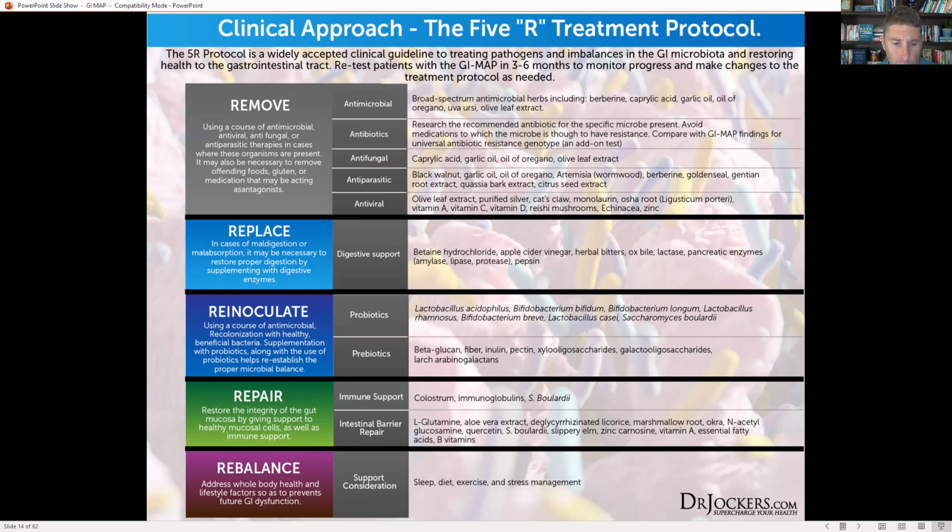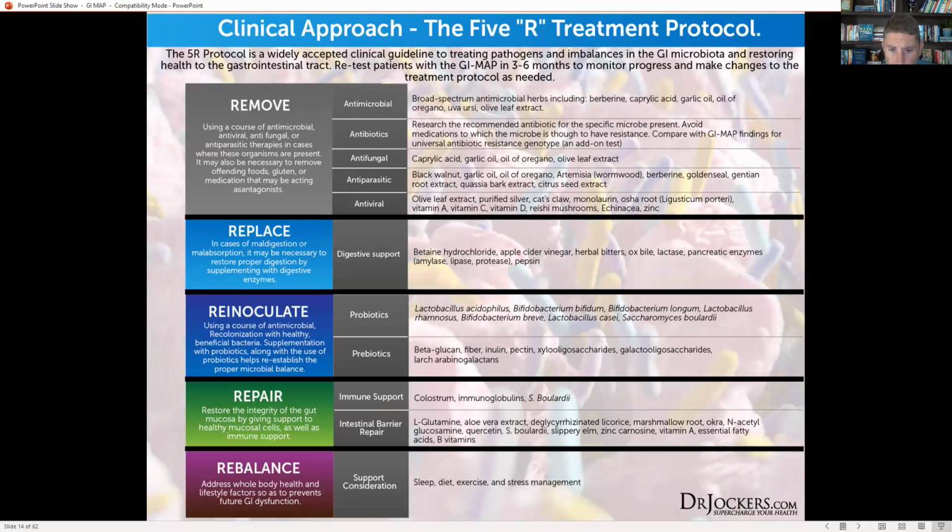And then as we're doing that, over time we move out the antimicrobials, and then we might want to add in some probiotics and repair supplements. And of course, we're always working on rebalance. Probiotics, as well as different types of prebiotics, may be helpful, and immune support: colostrum, different immunoglobulins, and Saccharomyces boulardii, which is a helpful probiotic that also really supports the immunoglobulins your body produces in the gut.